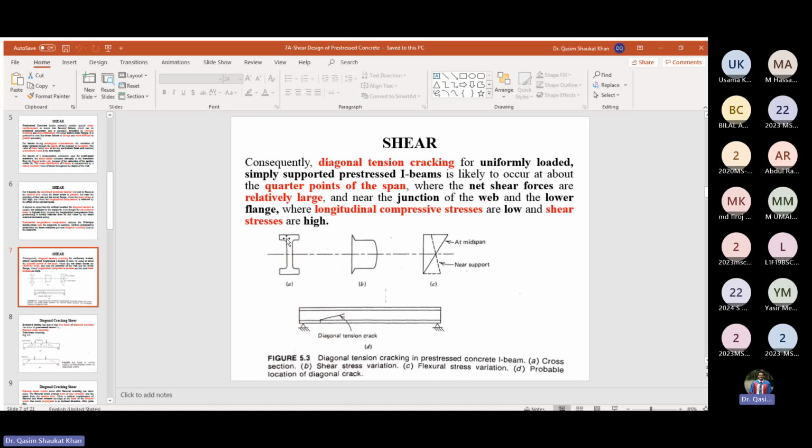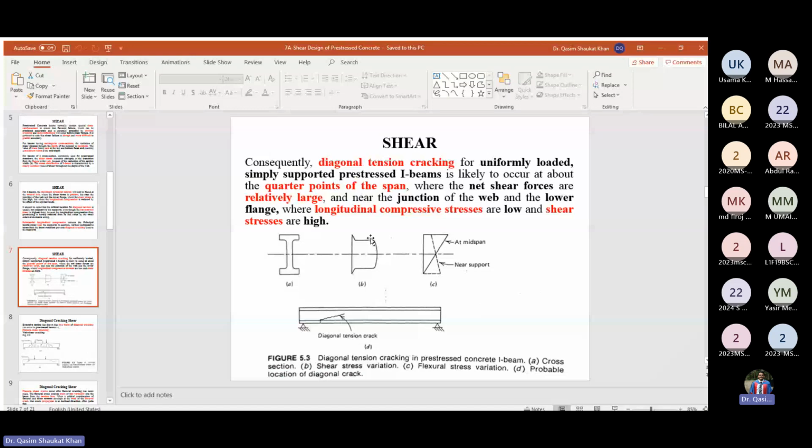So this is in the figure they have shown. This is your I-shaped section. This is your shear stress distribution. So you can see the shear stress distribution. It is minimum at the ends, and it is maximum at the mid-span.